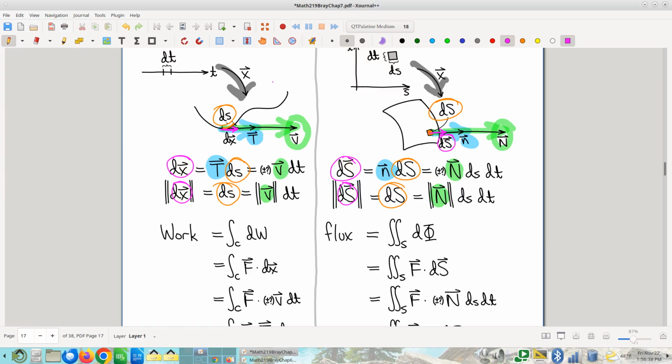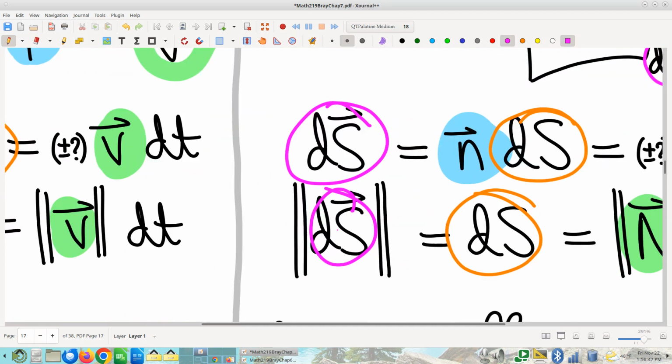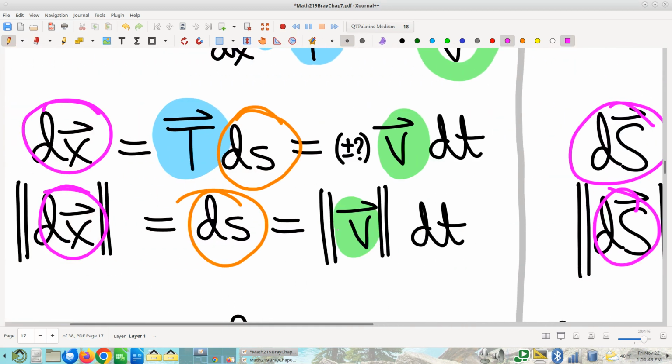Yeah. Can you briefly go through again how you got from T dS to V dT? Oh, yeah. So we first did this back in chapter 3, and the big idea is, let's see here.